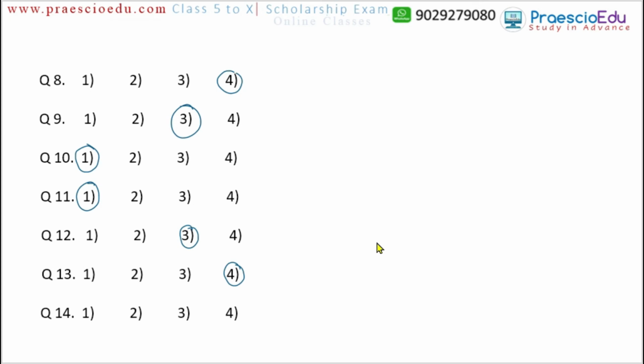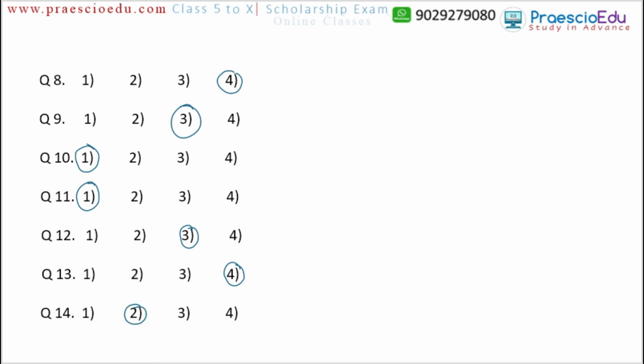So from the sequence 7, 6, 5, the next one should have 4 lines, and those lines should be equal. If we count 4 lines, option number 2 is a 4 digit with 4 lines of equal length. In the first figure there is a 0 with 4 lines, but the line lengths are different, so that should not be there, meaning option 1 should not be there. So option 2 is matching with our series or sequence.